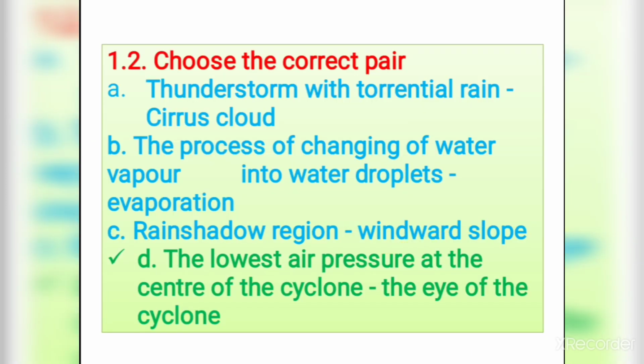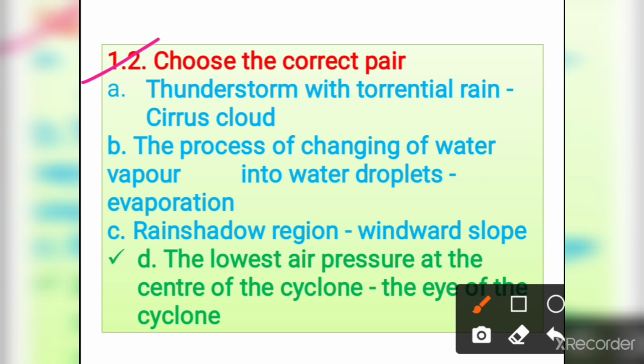Question number 1.2. Choose the correct pair. There are 4 pairs given in the option A, B, C and D and we have to choose the correct one. Option A, thunderstorm with torrential rain, cirrus cloud. Means cirrus cloud causes torrential rain with the thunderstorms? No, it's false.